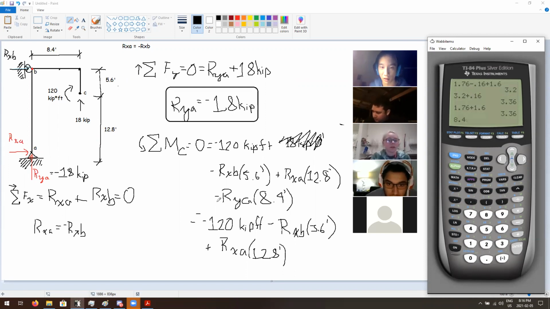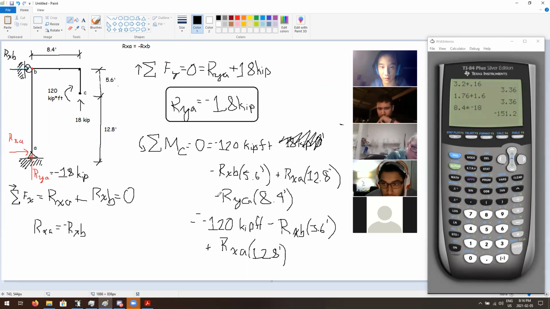We're doing this one. RYA times 8.4. 8.4 times RYA, which is negative 1.8 kip. Or is it 18? It's 18. 18 kip. You get 100 minus negative 151.2.